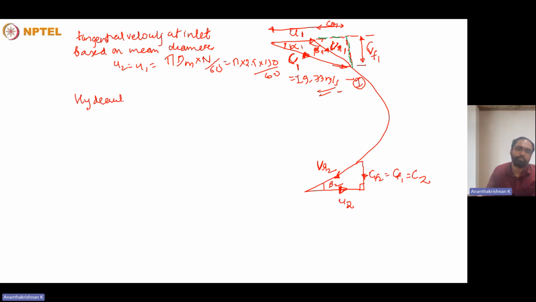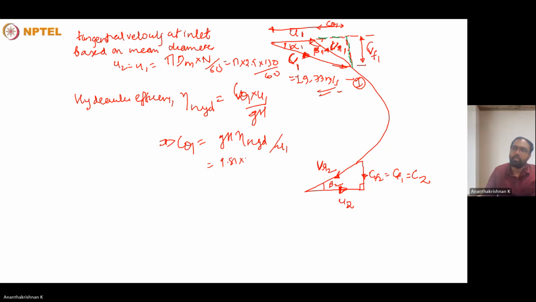Hydraulic efficiency, eta hydraulic, is equal to C theta 1 into U1 divided by g into H. From this, we can calculate C theta 1 is equal to gH into eta hydraulic divided by U1. gH is 20 into 9.81, hydraulic efficiency 0.9, divided by U1, that is 90.73.